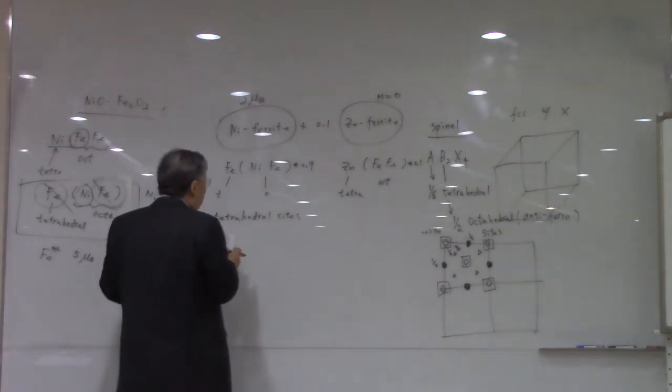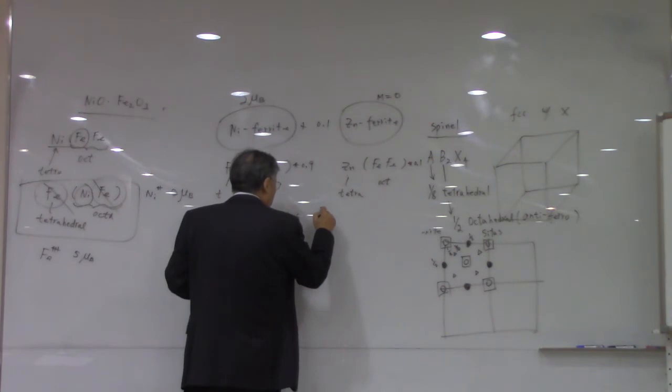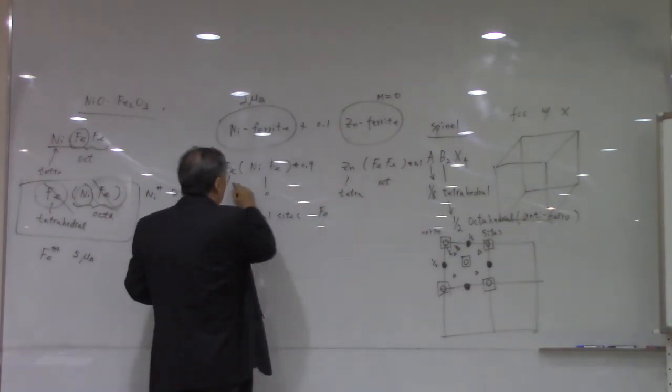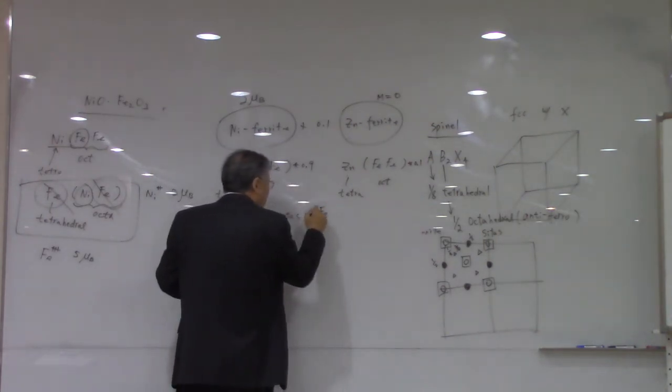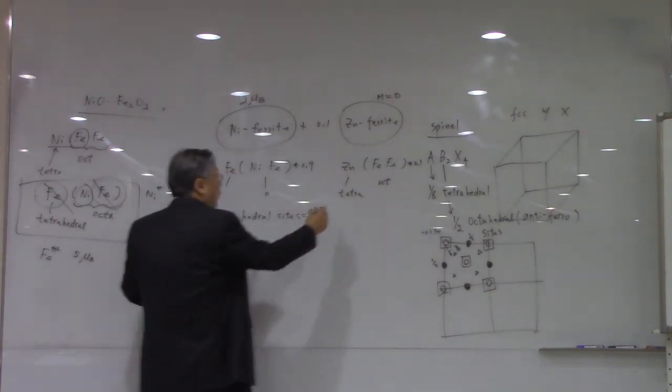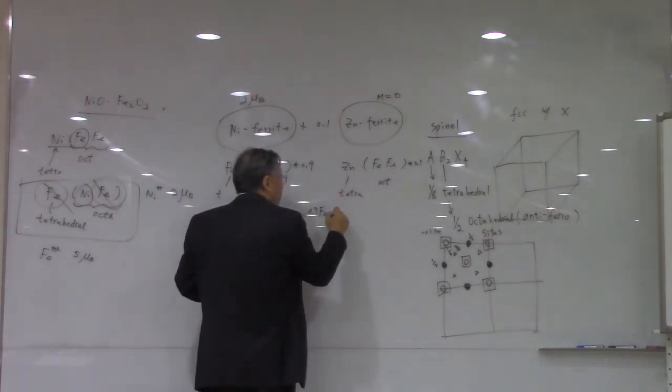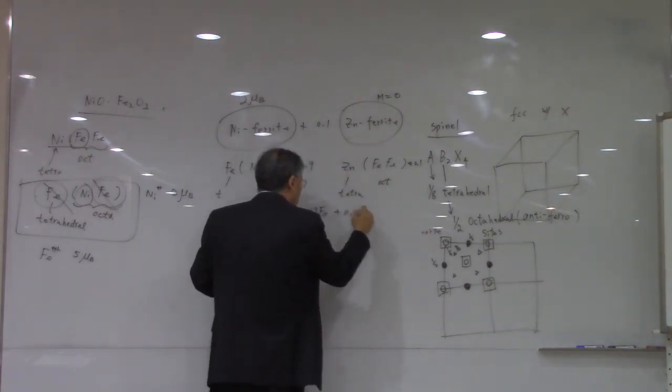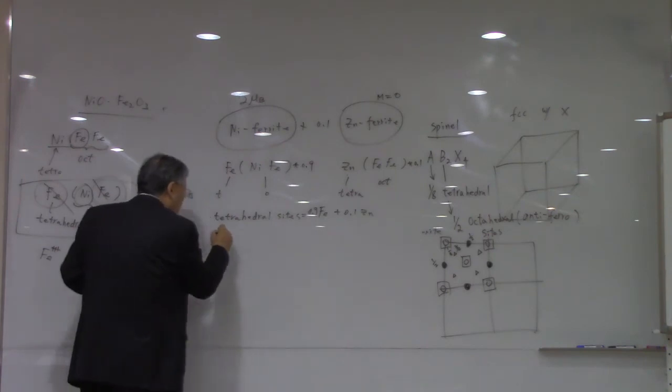In a tetrahedral site, we have 0.9 Fe, and then here in the tetrahedral site, we have 0.1 zinc.